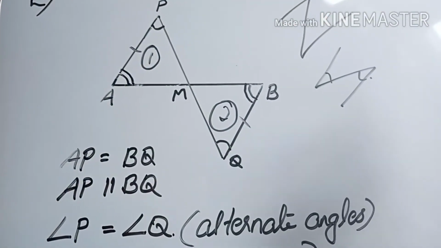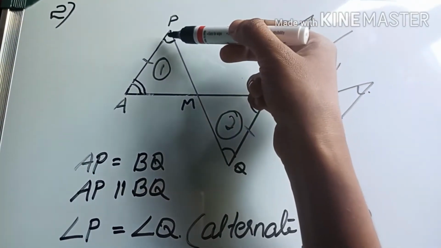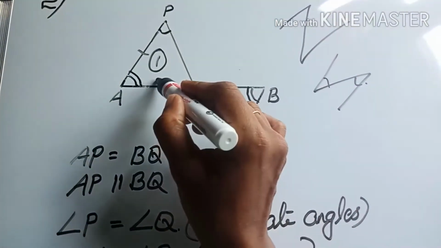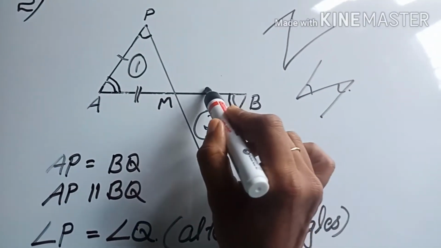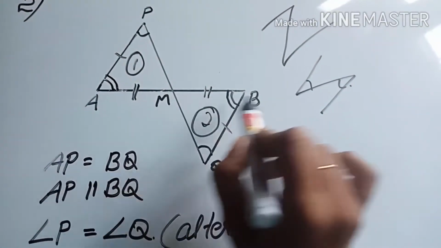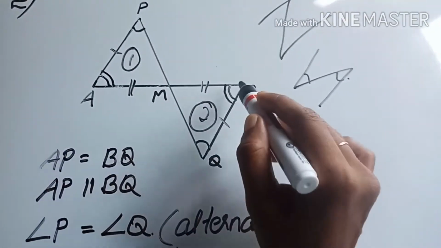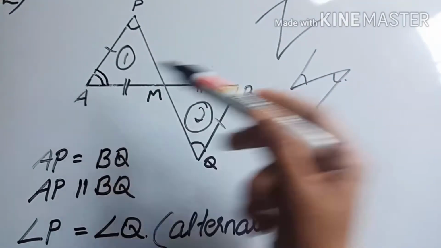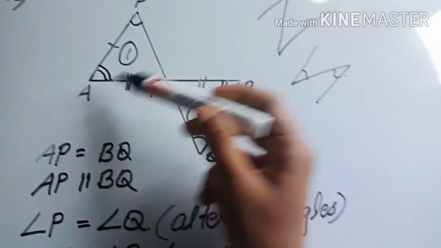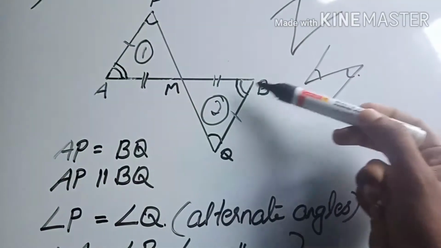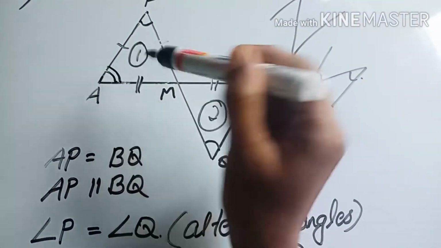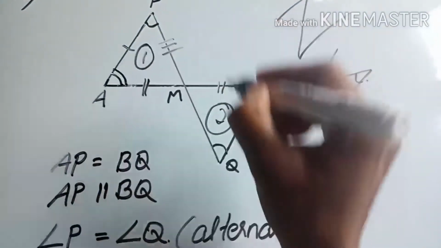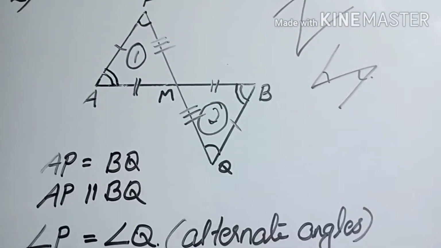Next, angle P's opposite is AM and angle Q's opposite is BM, so AM and BM are equal. Similarly, the opposite of the second angle is PM and the other is MQ. These sides are also equal. The third side will also be equal.